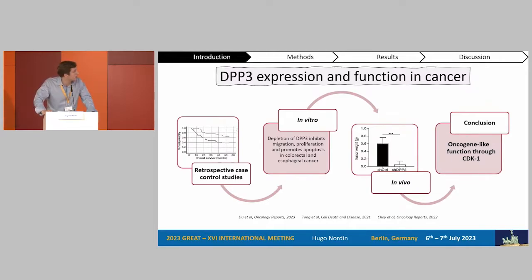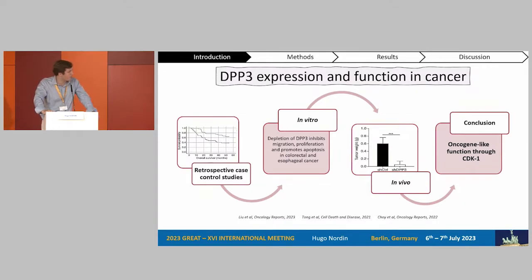These results were found in many other cancers. Therefore, the authors of these papers did in vitro experiments with depletion of DPP3 in cells, and it inhibited migration and proliferation, and promoted apoptosis in colorectal and esophageal cancer models.